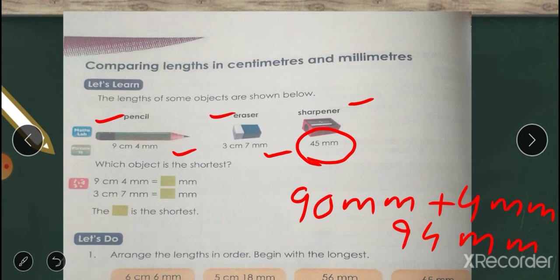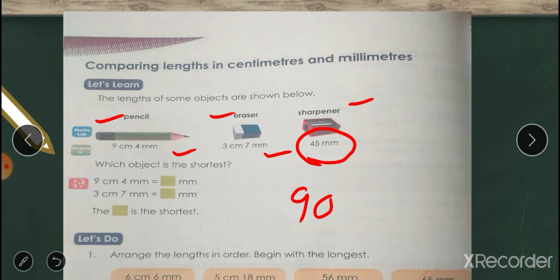So if we convert 9 centimeters and 4 millimeters into millimeters, we would get 94 millimeters. The length of the pencil in millimeters is 94 millimeters. The next thing we have to do is go for the eraser.